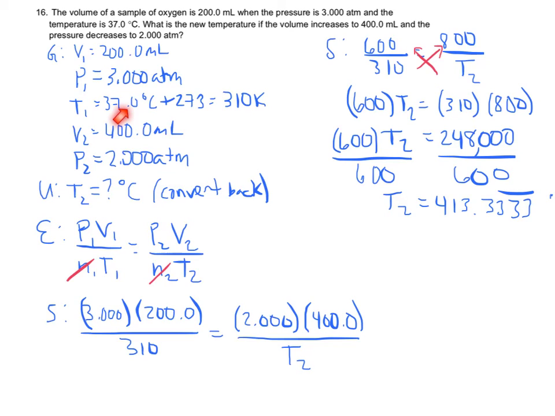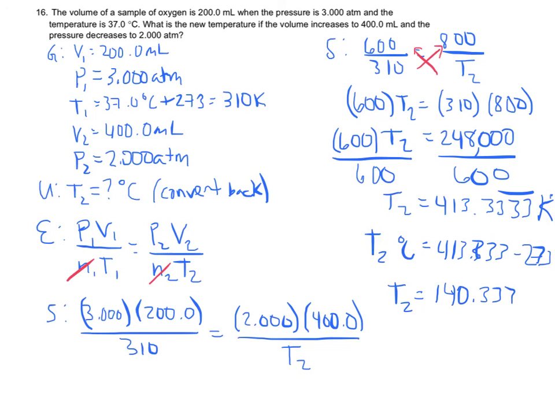All right, now remember I said at the beginning of this problem that because our initial temperature was in degrees Celsius, we needed to convert back to degrees Celsius once we get this temperature, because this temperature, remember, is in Kelvin. So to go back to degrees Celsius, all we do is take this 413.333 and we subtract 273 from it. And when we do that, we get 140.333, repeating.